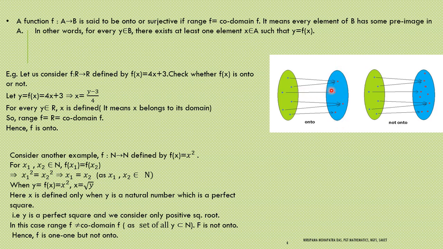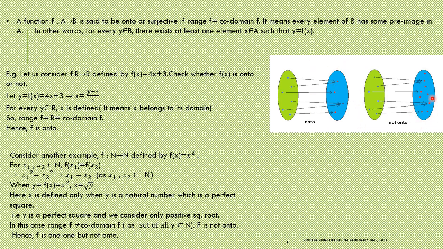Here this element of B is associated with two elements of A, and similarly this one. So you can conclude that for every element y belonging to B, there exists at least one element x belonging to A. As per the definition, we consider every element of A, but we do not say every element of B. But in the case of an onto function, every element of B has to be taken.